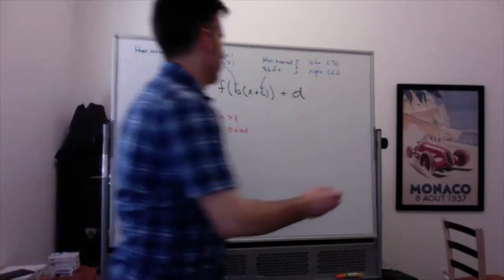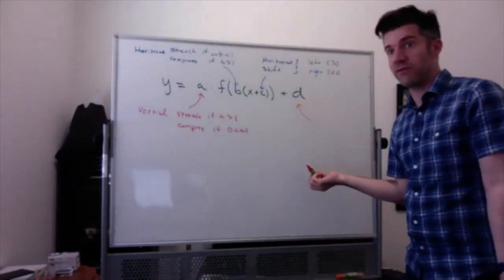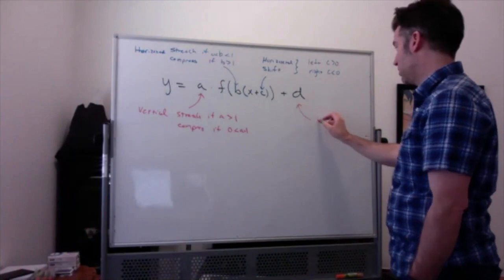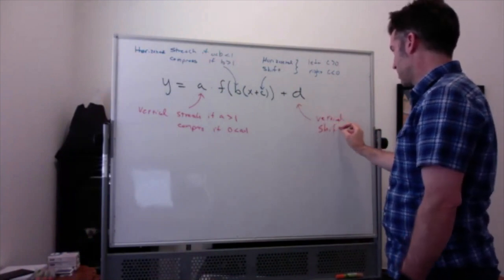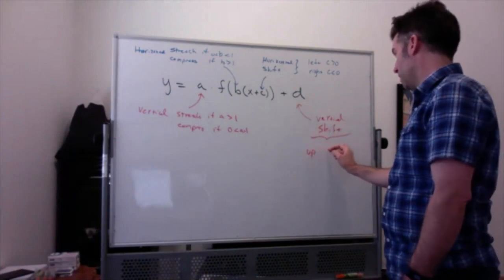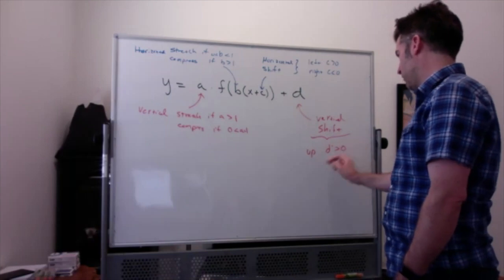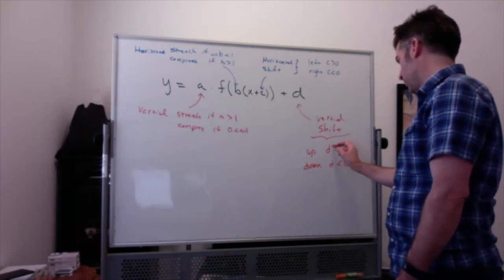And finally, over here, if you add something on or subtract something off at the end, it's a vertical shift. It's going to be up if that number is positive, down if that number is negative.